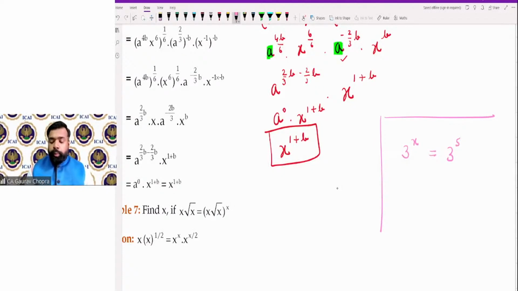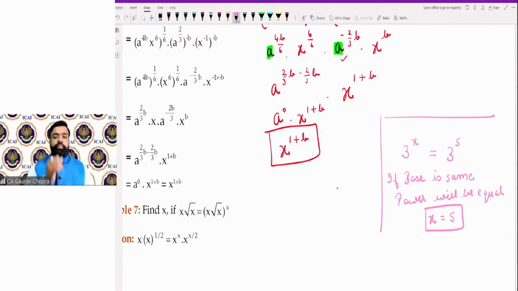So this property says if base is the same, power will be equal. In this case, 3 and 3, base is the same, so powers have to be equal. So the value of x will become 5.